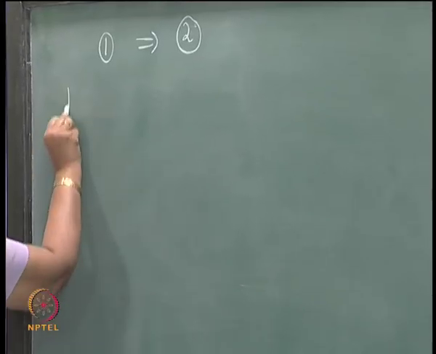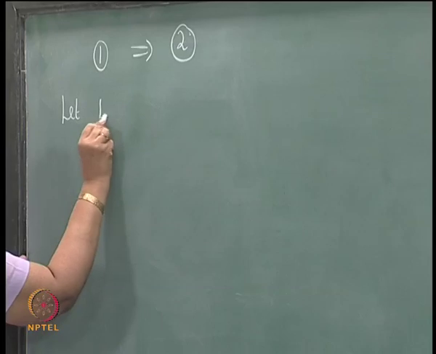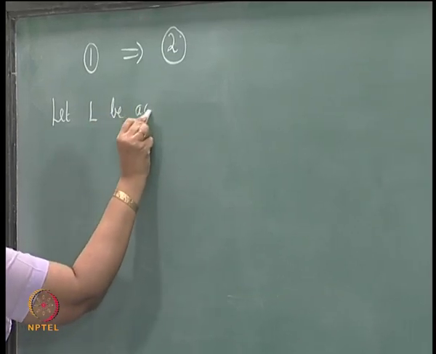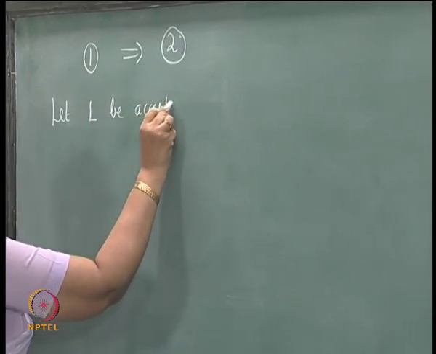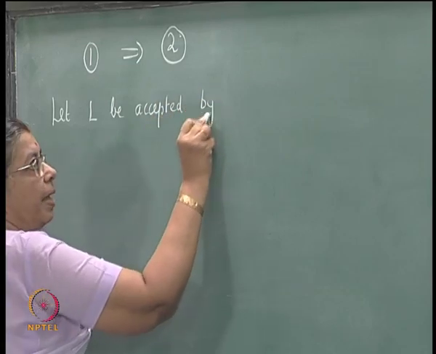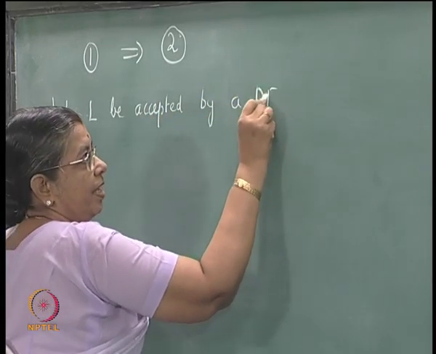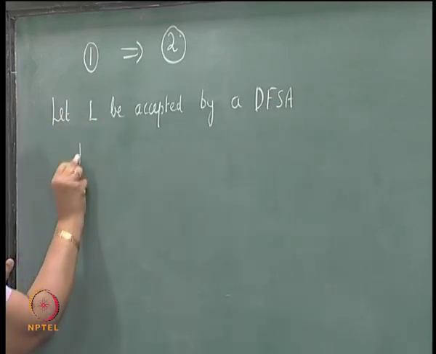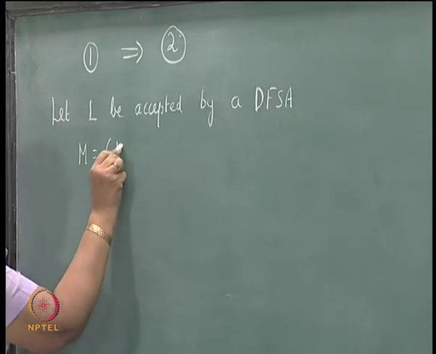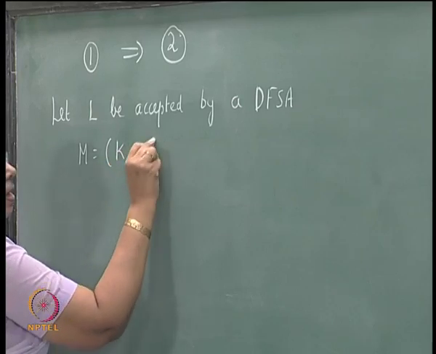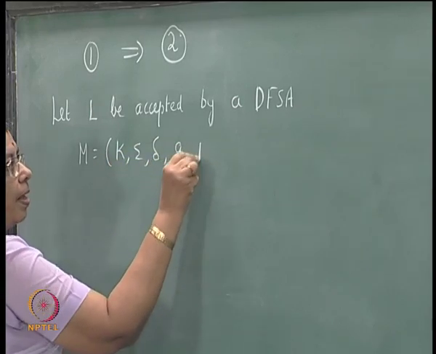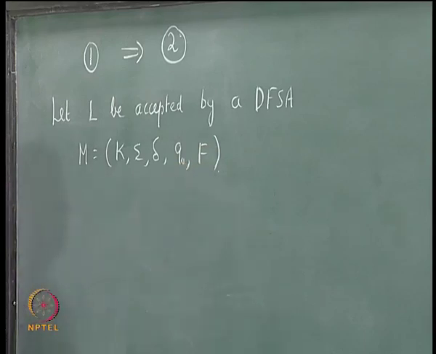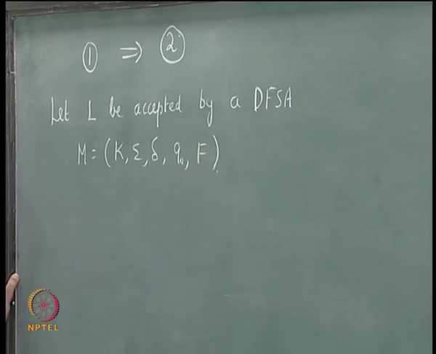So, let L be accepted by a deterministic FSA, M = (K, sigma, delta, q0, F). Okay.